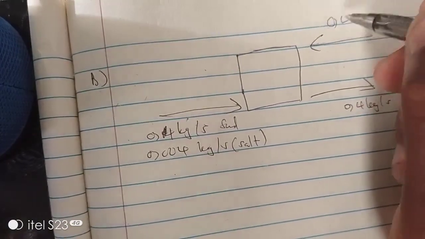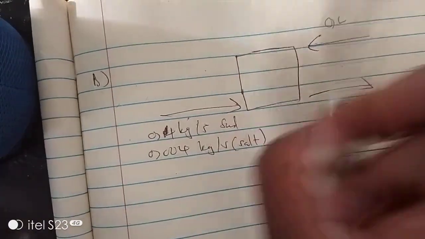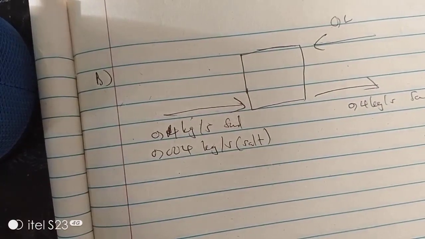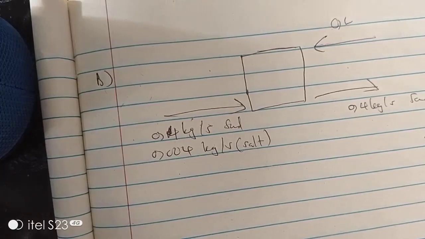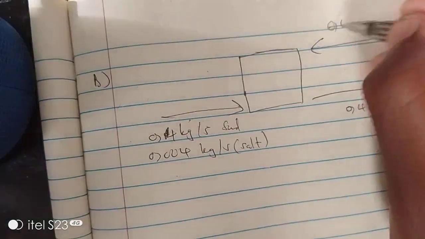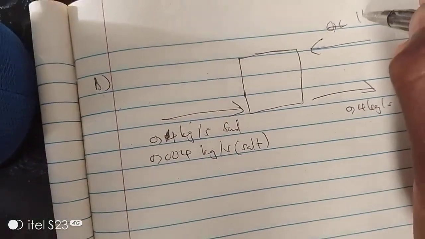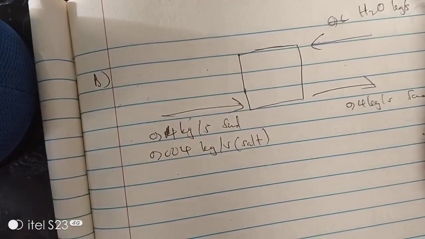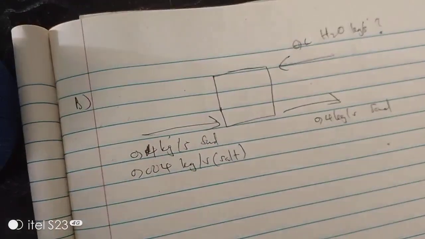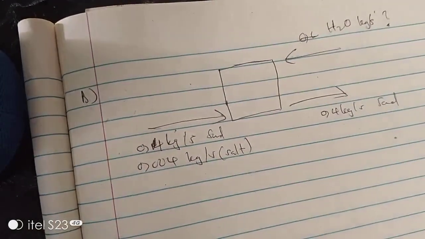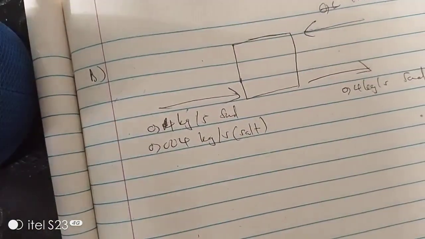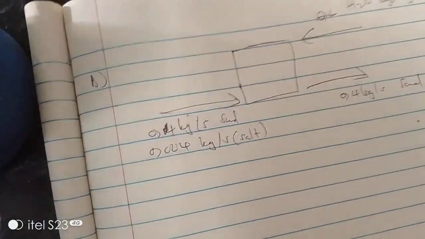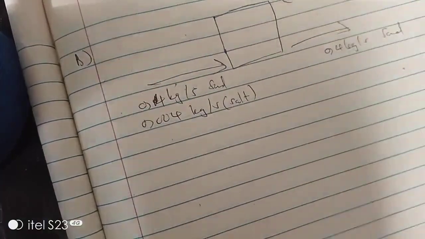Now wait, what is the question asking us to find out? What wash rate would be required in a single classifier in order to wash the sand to the same extent? We're not told how much H2O we need. We're asked to find the H2O in kgs per second. So this is what we're looking for. To the same extent means how much salt do we have now?